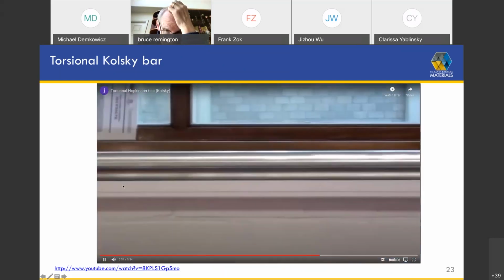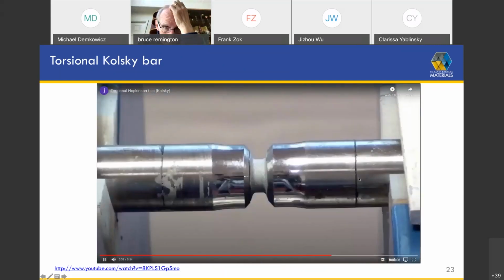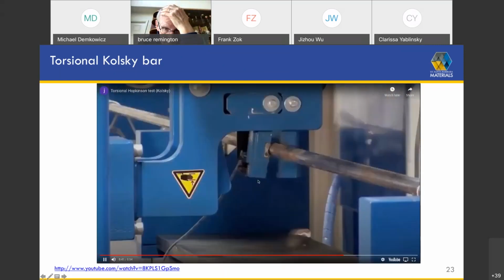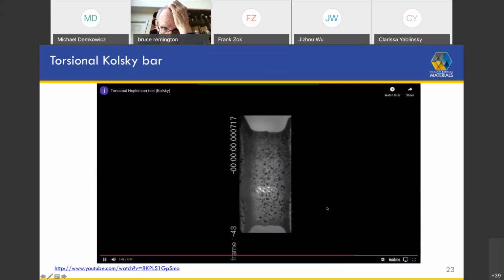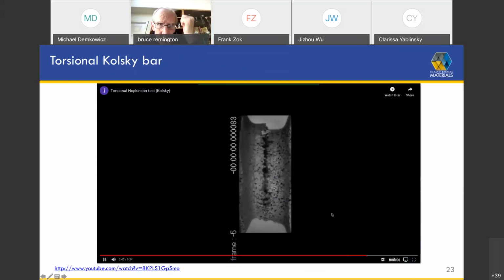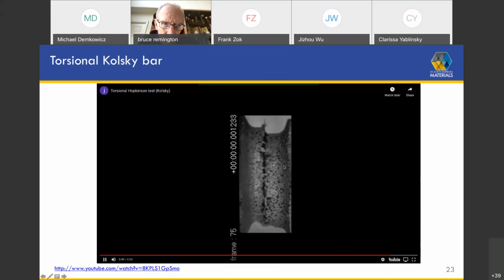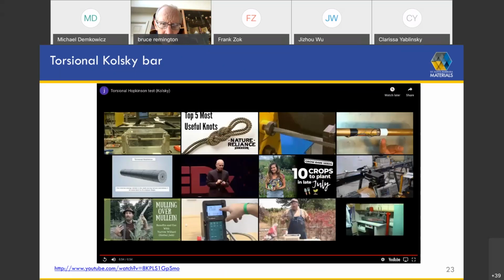And then the cameraman runs at about 5,000 meters per second to get to this point, and he captures this. So this is a thin-walled metallic tube. And with tests like this, you can do very high rate, very high strain, essentially pure shear tests on metals.